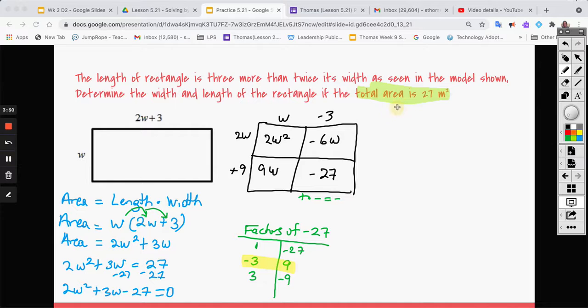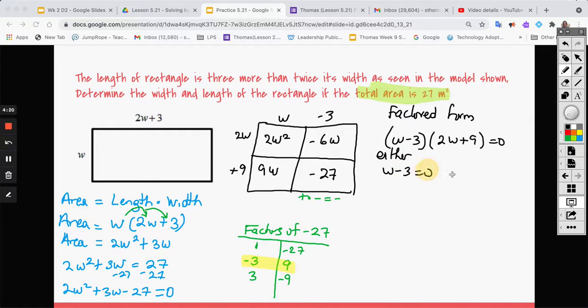It therefore means that the factored form of the equation will be W minus 3 times 2W plus 9 is equal to 0. So, according to the zero product property, either W minus 3 is equal to 0 or 2W plus 9 is equal to 0.